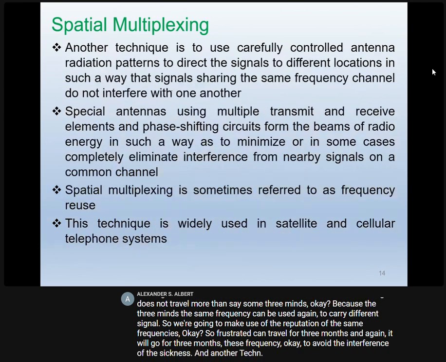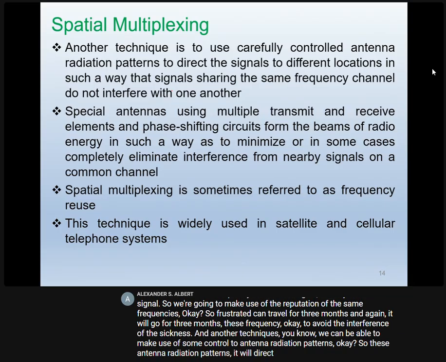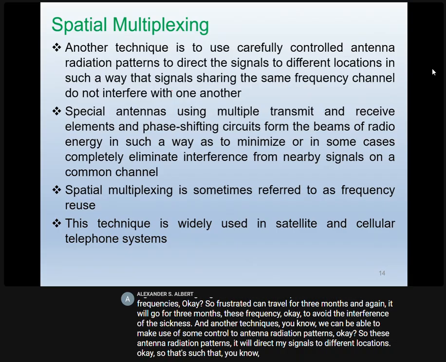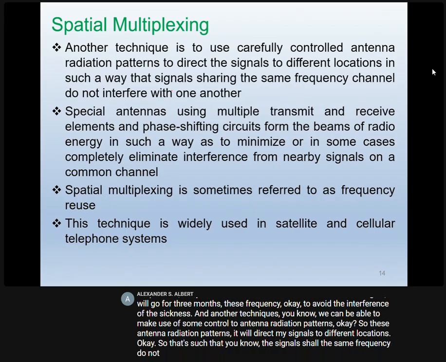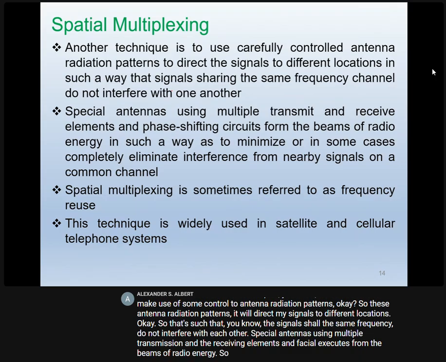Another technique is to make use of controlled antenna radiation patterns. These antenna radiation patterns direct my signals to different locations, such that signals sharing the same frequency do not interfere with each other. Special antennas using multiple transmission and receiving elements and phase shifting circuits form the beams of radio energy, where we are able to minimize or eliminate the interference.